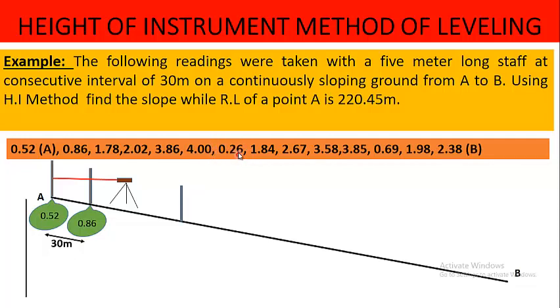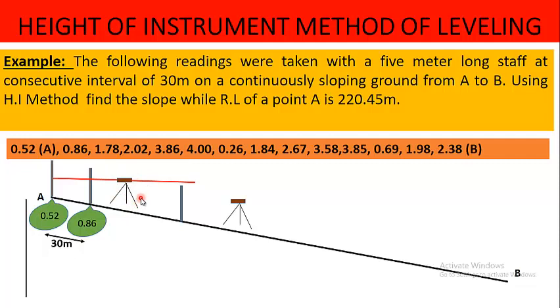Why did this value decline? The reason is that at some point the situation arises that our instrument lies below the staff rod and we are unable to take the reading. In this situation we change the position of our instrument so that we can take the reading on the staff rod. If we change the position of the instrument, we will have to make a new HI, that is a new height of instrument, as the height of the instrument may not be the same as it was earlier.